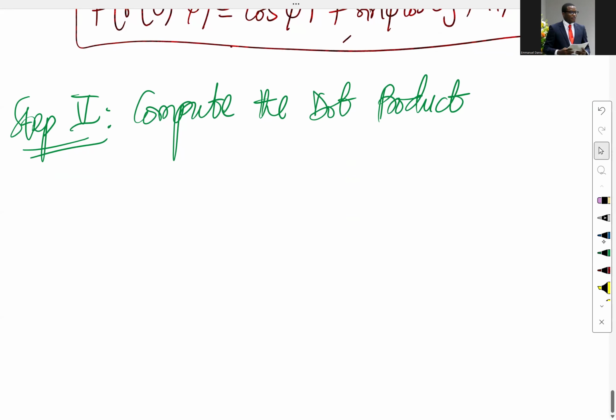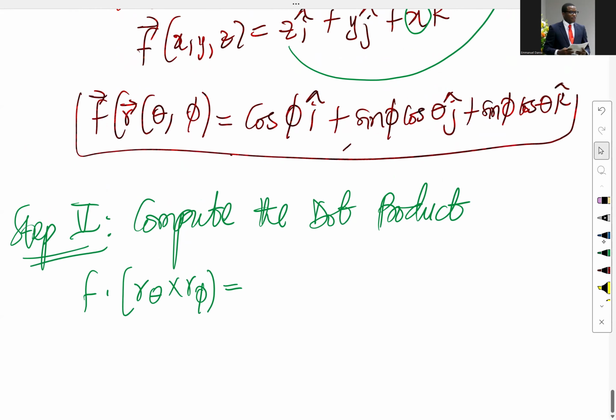So to compute the dot product now, we have F dot r_theta cross r_phi equals, so we have F itself is this lengthy thing. I guess I need to be patient to write that out.